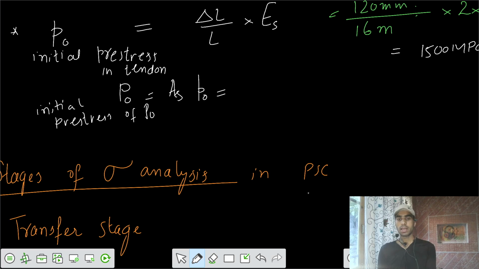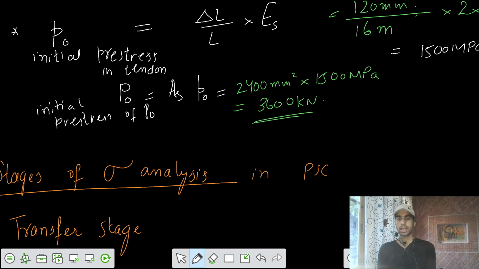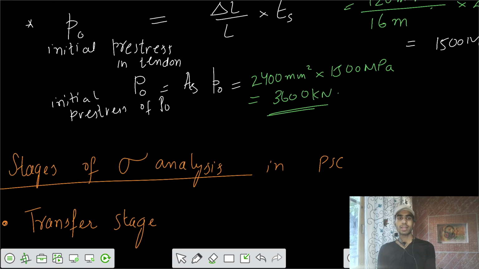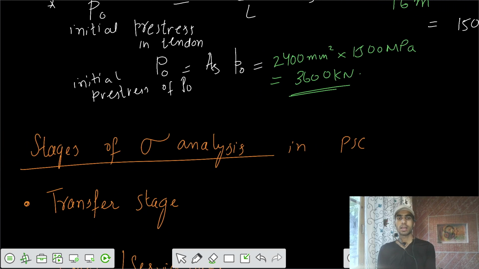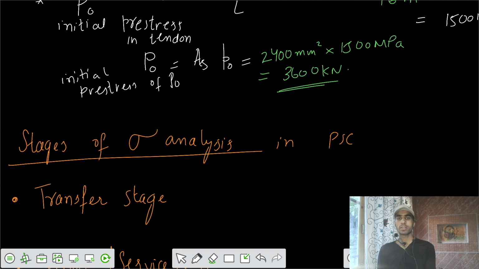Let's take the area of the steel wire as 2400 millimeter square, with stress 1500 megapascal, and the total force comes to 3600 kilonewton. This is the initial case, which we call the transfer stage.